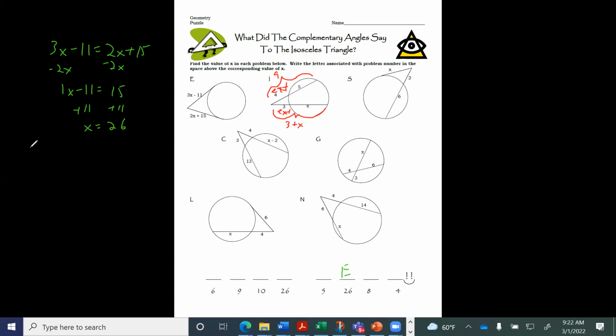So we have 4 times 9 equals 3 times 3 plus x. Again, exterior times the whole equals exterior times the whole. 4 times 9 is 36. Distribute the 3, that's 9 plus 3x. Subtract off 9, that's 27. Divide off 3, and x is 9.